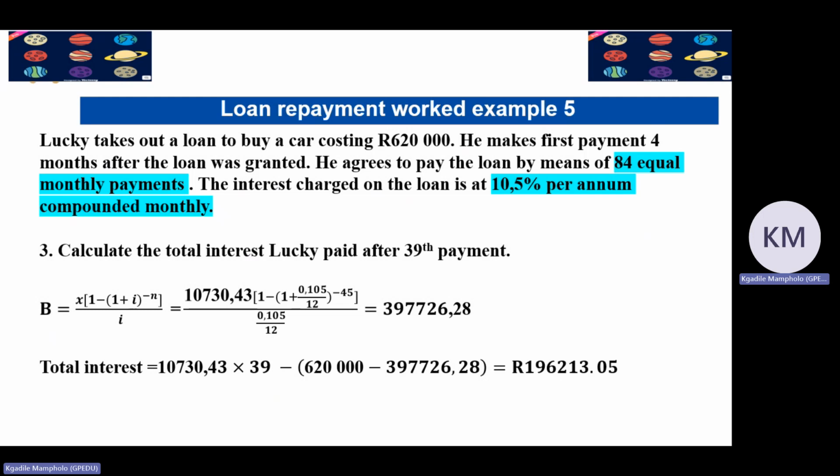So that is why it is very important to calculate the outstanding balance at that time. You say installments multiplied by the number of installments made at that time, which is 39, minus the loan minus the outstanding balance after 39 months, which is under 620,000. Then you get the answer, which is 196,218 rand 5 cents.